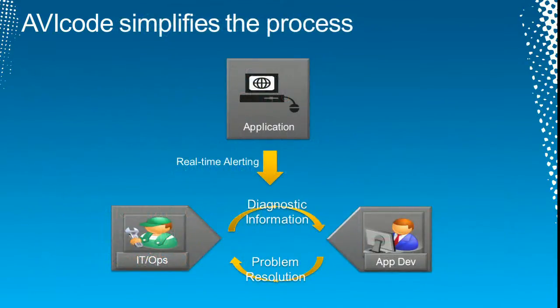So the goal is really to simplify this process of being able to know that we're having a problem, isolate and diagnose, and have that common language. So even though many times when you're looking at application problems, and Sean's going to introduce you to some, if you're on the IT side, you're going to say, hey, this isn't for me to deal with.